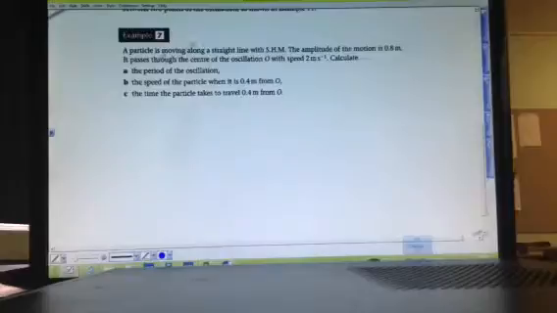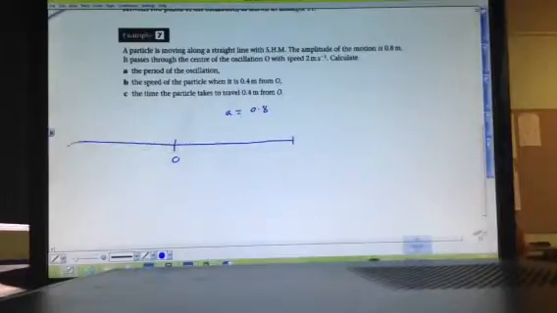Right, here we go. A particle is moving along a straight line with SHM. The amplitude, A, is equal to 0.8. So I know that I've got a centre O. I know it's going to go to an extremity over here, which is 0.8, and 0.8 that way. And it says it passes through the centre O with a speed of that.